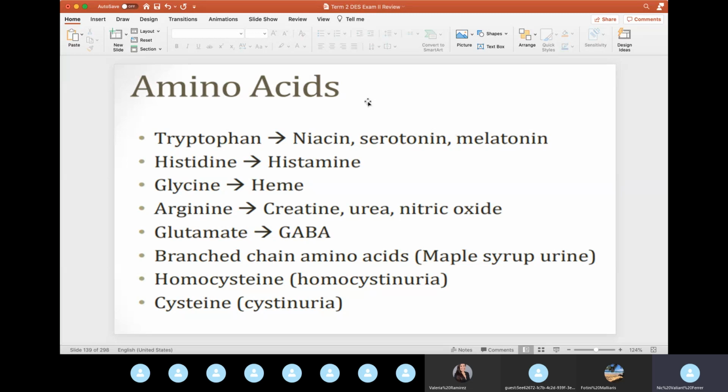So that's niacin. Serotonin. Serotonin is very important. You're going to learn in the next module about your raphe nuclei, which produce your serotonin. This is very important in the pathology of depression, right? Serotonin. Melatonin is important in what? Sleep, right?